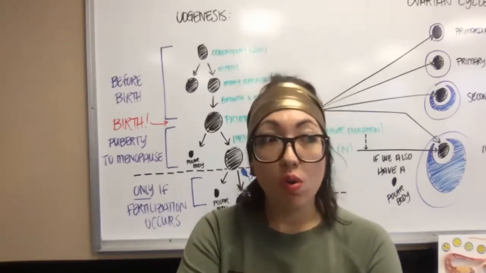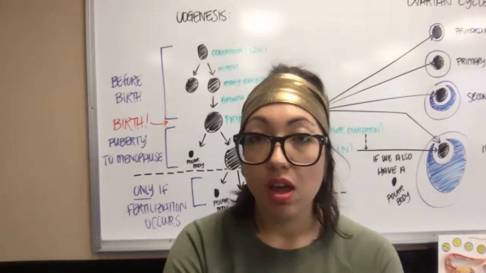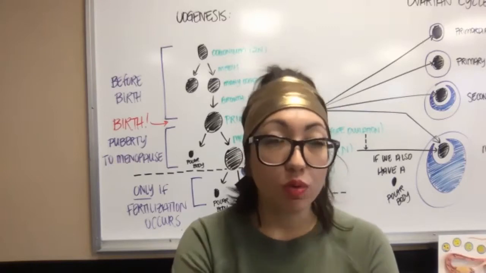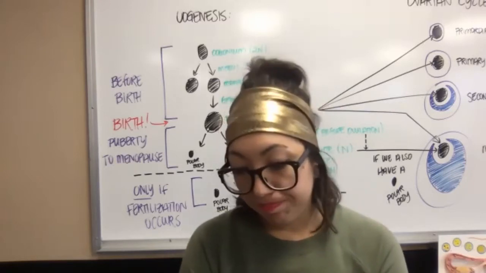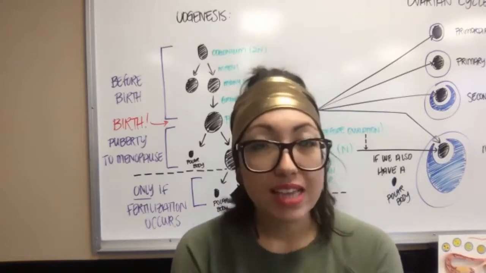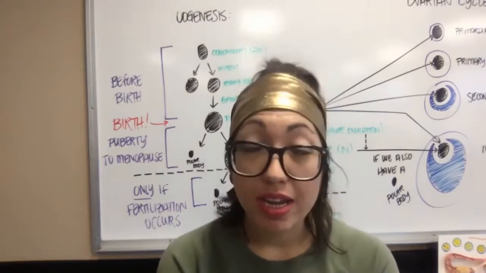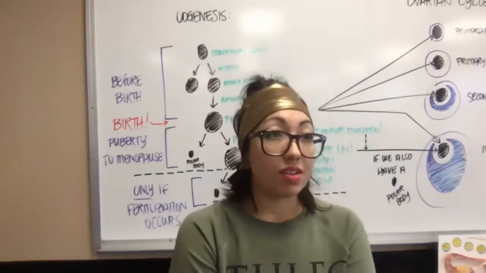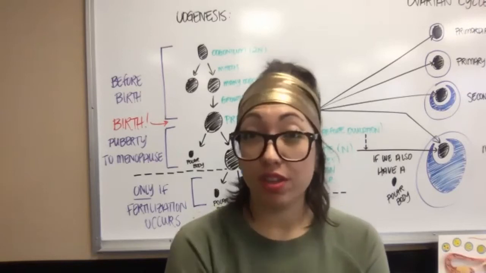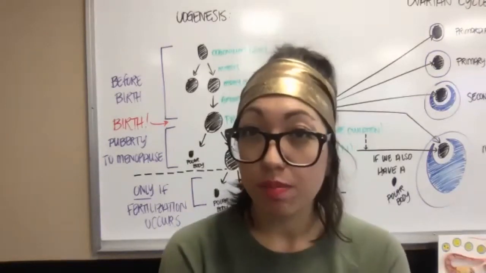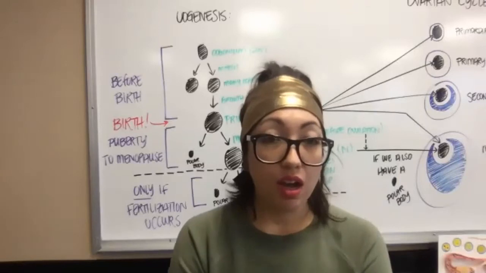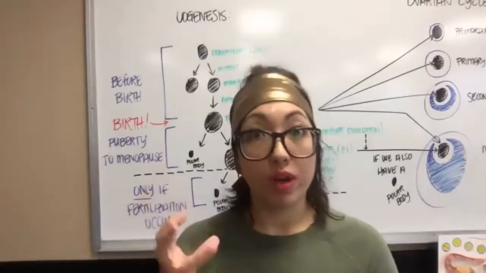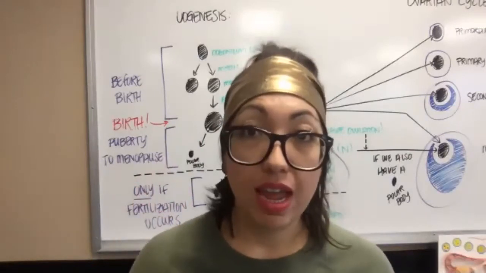I don't know what causes the decrease, but only some of them are going to hang on, and I don't know exactly what determines which oocytes can hang on, if it has to do with the genetic material inside. I would have to read more about that to see what exactly causes that drastic of a decrease.